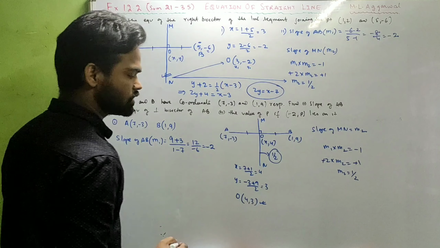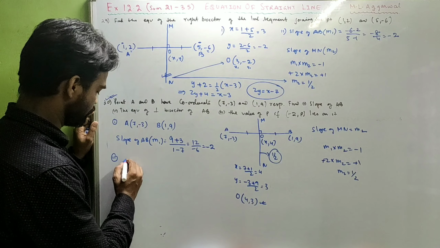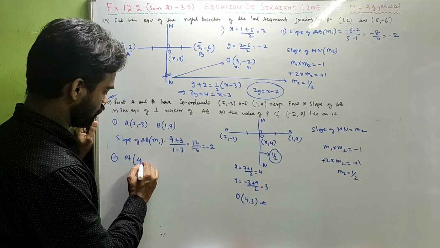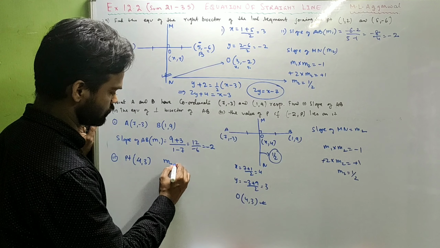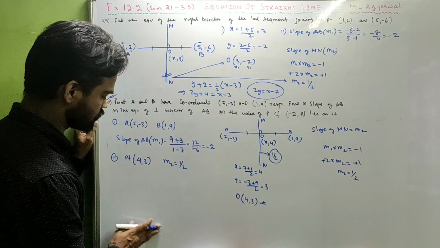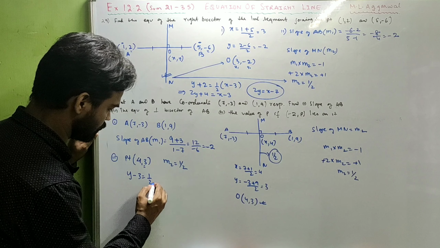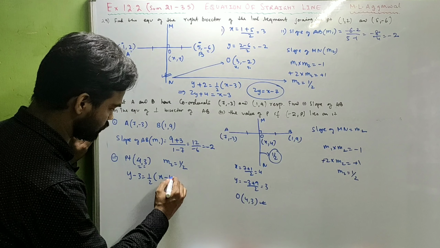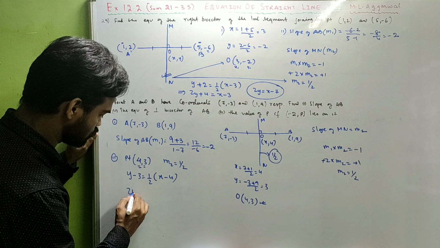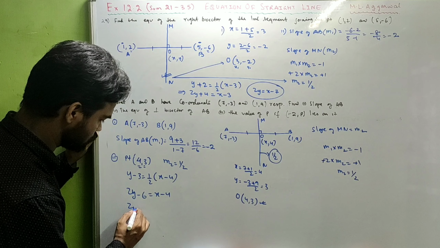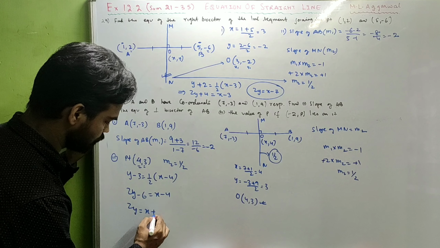We have a point on this. So what is the equation? See, we have a point (4, 3) and we have the slope half. So the equation is y minus y1 is equal to m times (x minus x1). So that's 2y minus 6 equals x minus 4. That's 2y equals x plus 2.